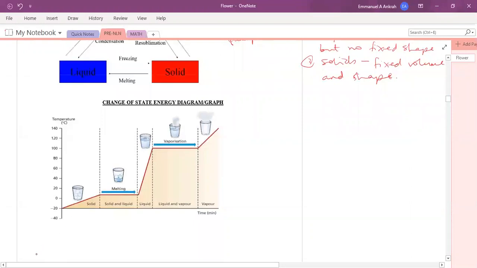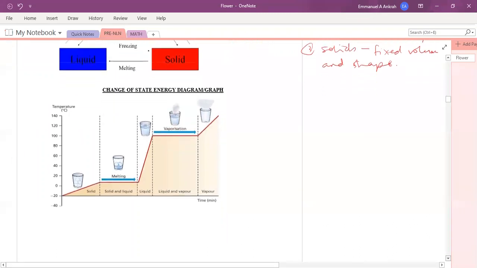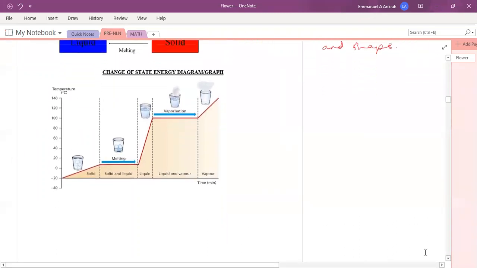So let's say I have water at negative 20 degrees. So that is going to be ice at that temperature, negative 20 degrees Celsius.